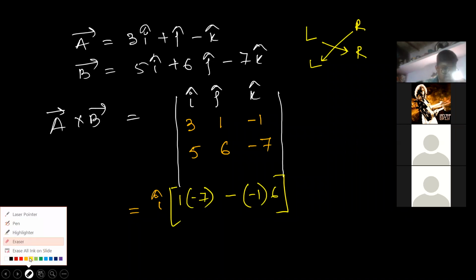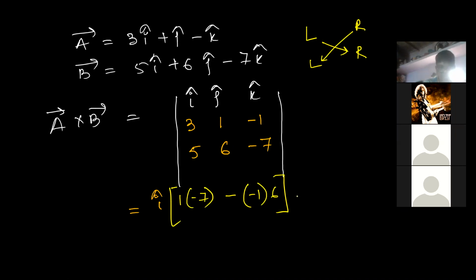Yes. Now for j cap. Whenever you consider j cap, there should be a minus sign with this j cap. Otherwise, you have to reverse the process of multiplication, and I don't want that we should reverse the process of multiplication. So one minus should be included in this.